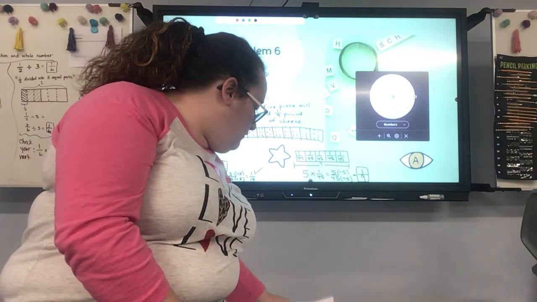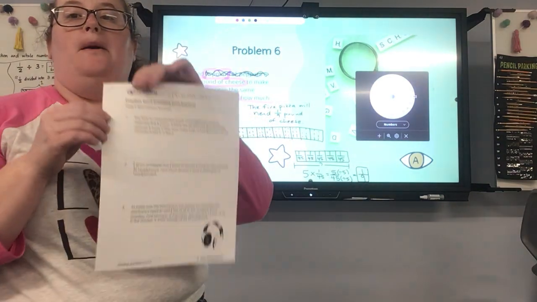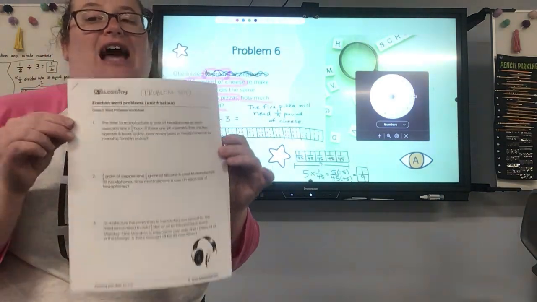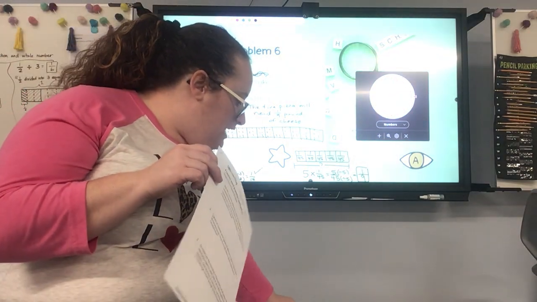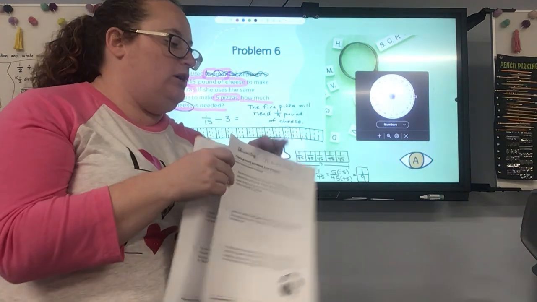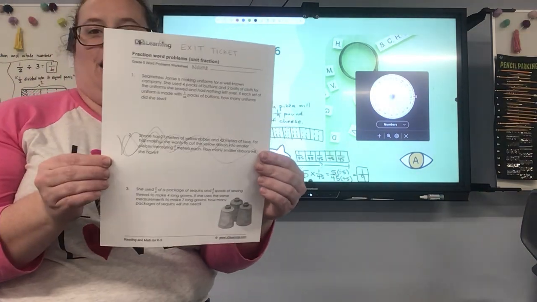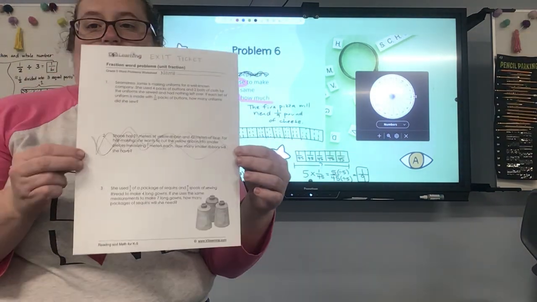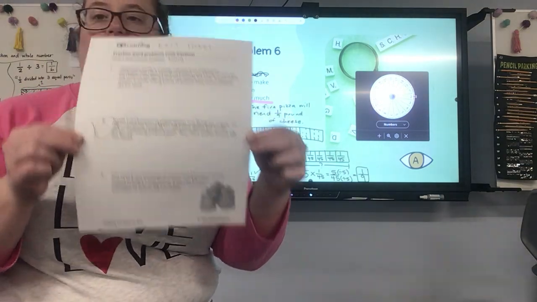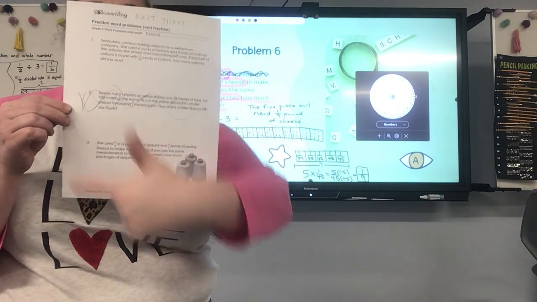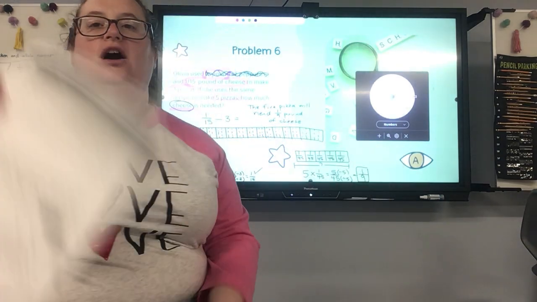The sub will now give you the paper that says problem set, and you will work on the problem set until the last 10 minutes of class. Okay, so for my first period at 8:58, and for my second period at 11:28, the substitute will give you the exit ticket. If they do not give you the exit ticket, ask for it, because this will be a part of your grade for the week. You'll have the last 10 minutes to complete the exit ticket, and then make sure that you get the homework.